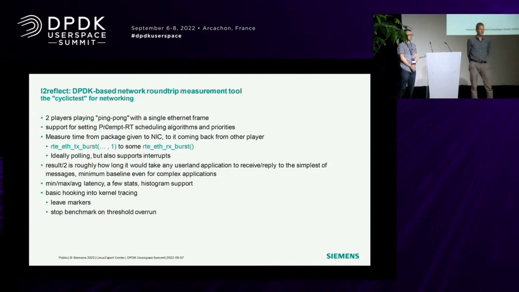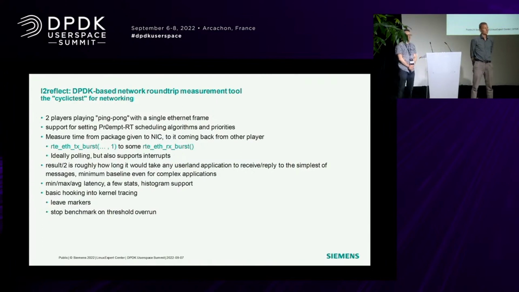We send it out with a TX burst, and then one of the RX bursts will contain that packet and say, okay, that's how long it was on its way. We do this with polling, but we also put in interrupt support at some point.